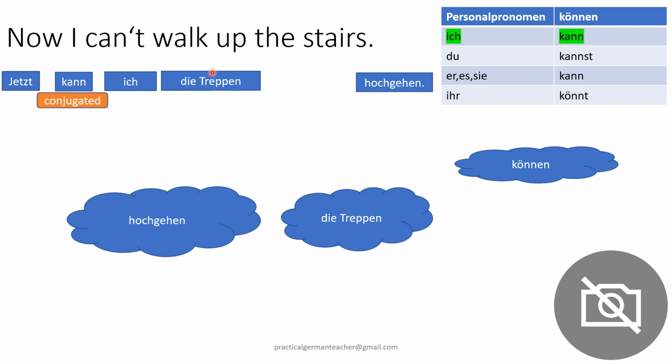Die Treppen hochgehen. If you say this, it means you can walk up the stairs, but if you want to say I cannot walk up the stairs, then you have to use the word nicht. Jetzt kann ich die Treppe nicht hochgehen. This is a mistake. It's not Partizip 2. This is infinitive. I repeat, this is not Partizip 2. It's infinitive form.